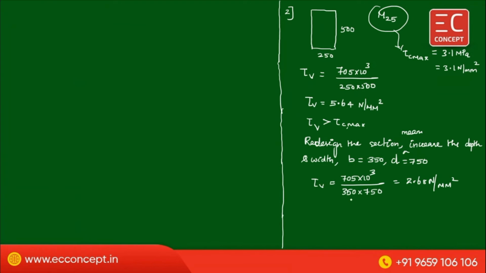Therefore tau V is now less than tau C max. That means 2.68, which is less than 3.1 for M25 concrete. Okay, now this is okay. This is the second point.